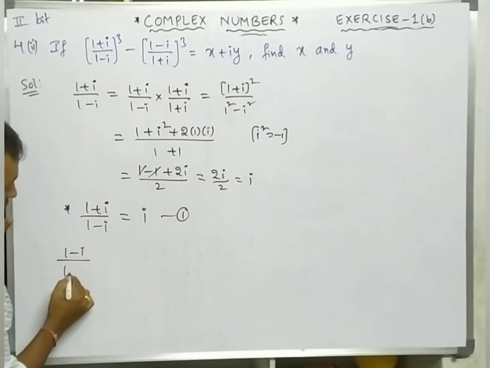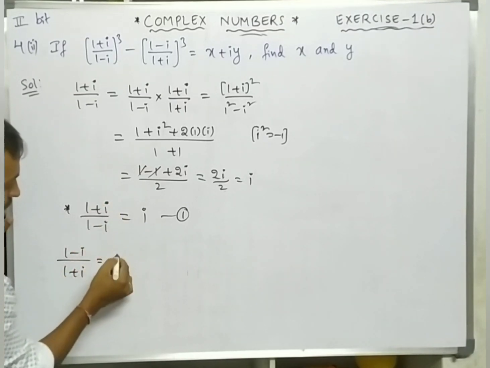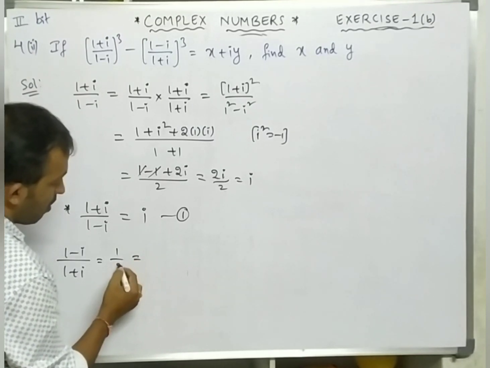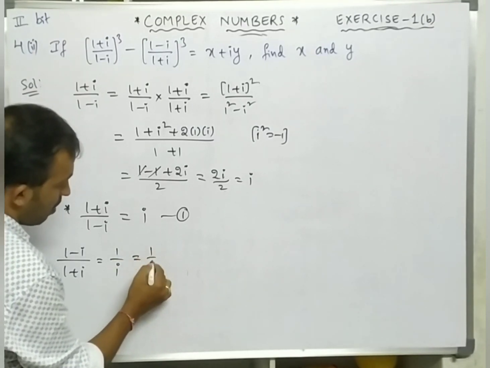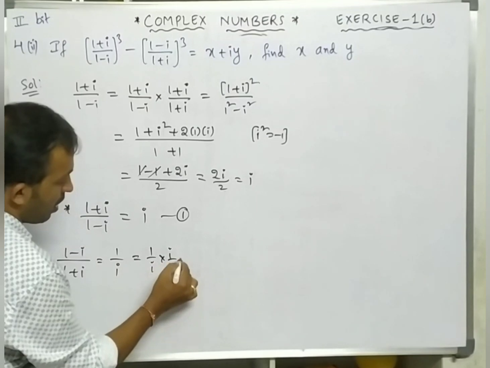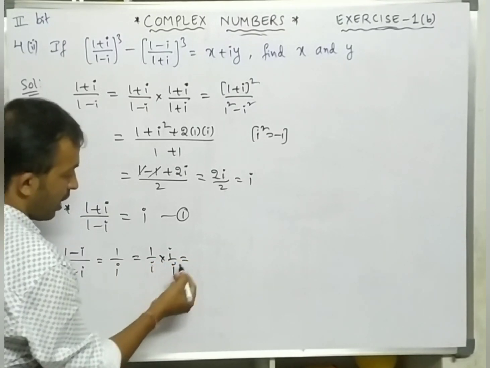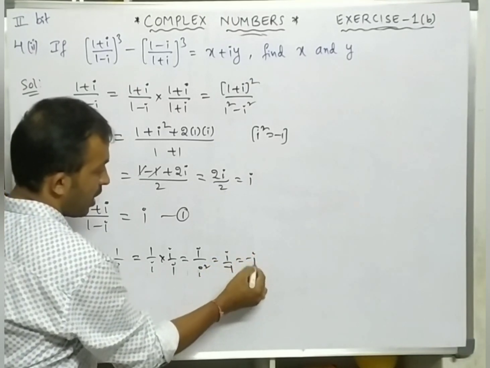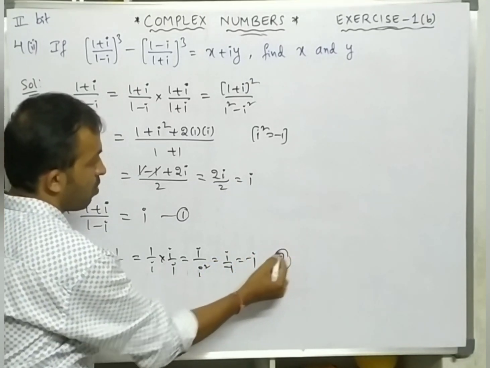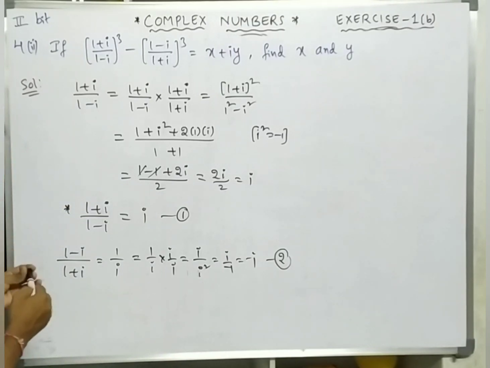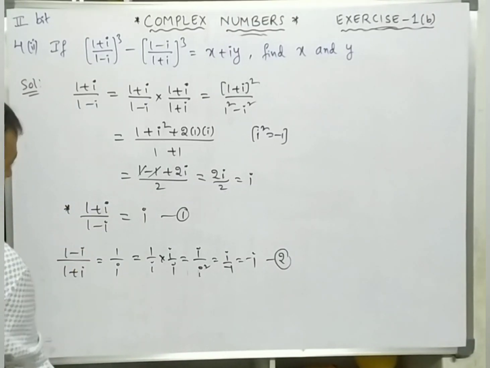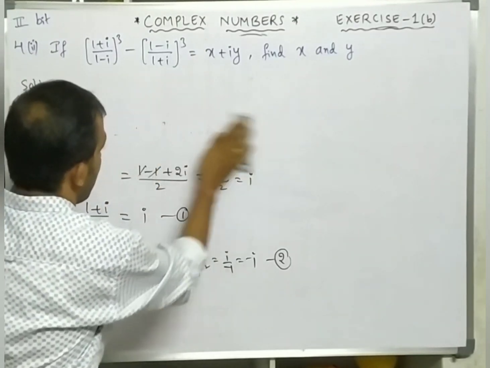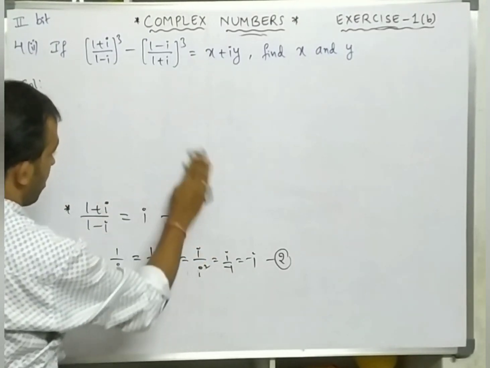(1 - i)/(1 + i) is its reciprocal, that means 1/i. Multiply numerator and denominator by i: i/i², that is i/(-1), that is -i. So (1 + i)/(1 - i) is i, and (1 - i)/(1 + i) is -i.